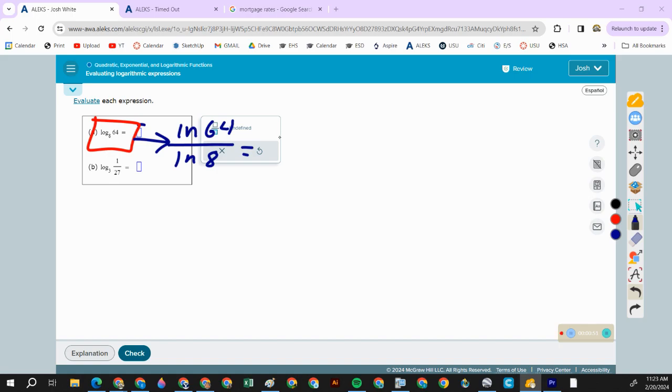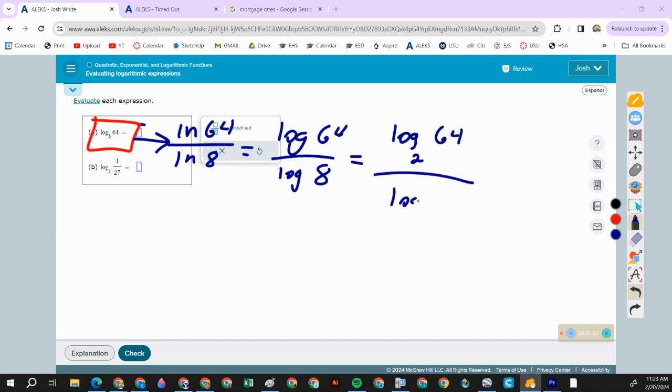Or if you prefer, log 64 over log of 8. Or let's say your calculator had base 2, log base 2 of 64 over log base 2 of 8. Basically, you can convert any logarithm into a logarithm of any base you want using the change of base formula.